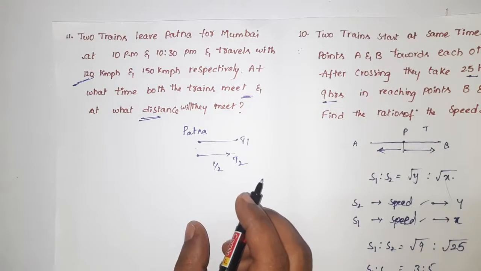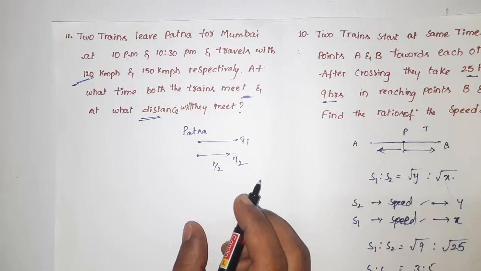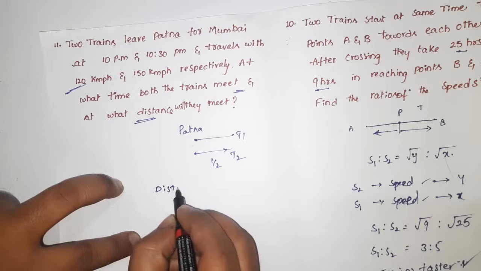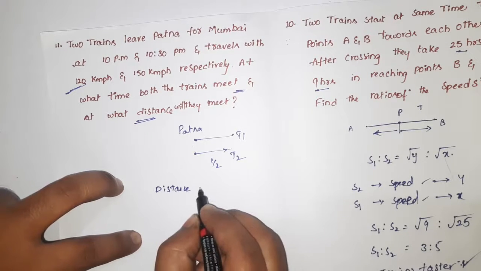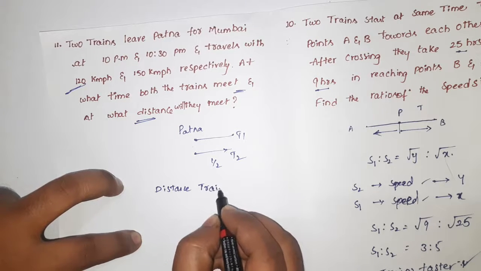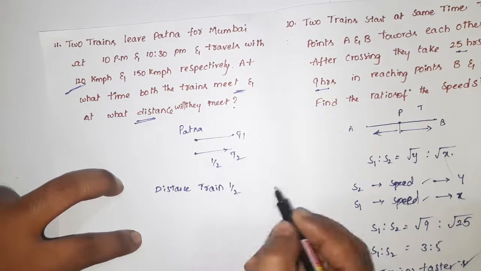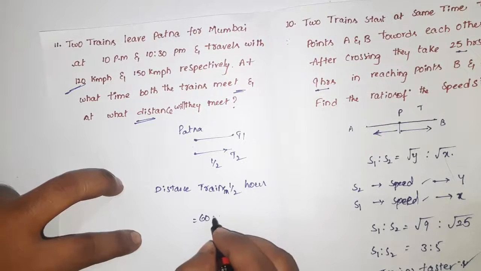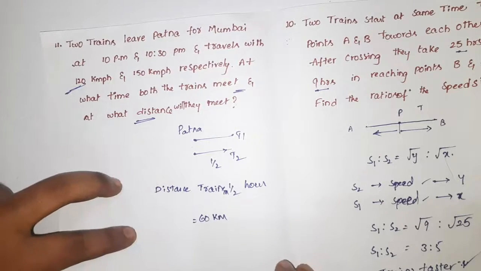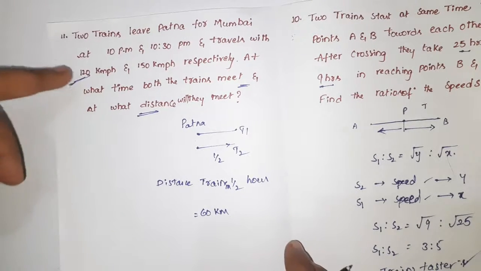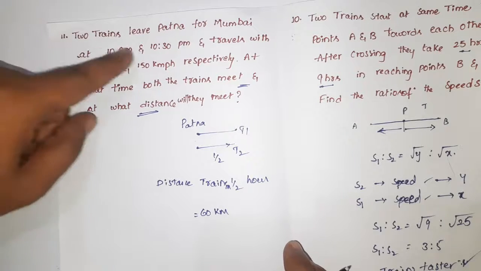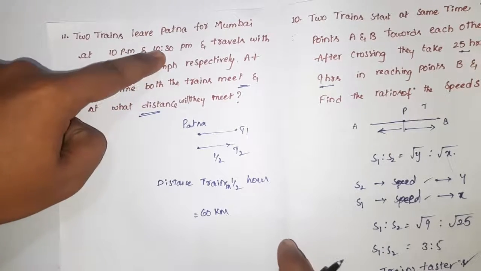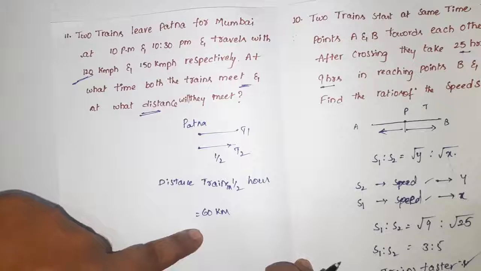So the first distance traveled by train 1 in the first half an hour is 60 kilometers, because the speed is 120 km per hour and the second train started at 10:30, so the time gap is half an hour.